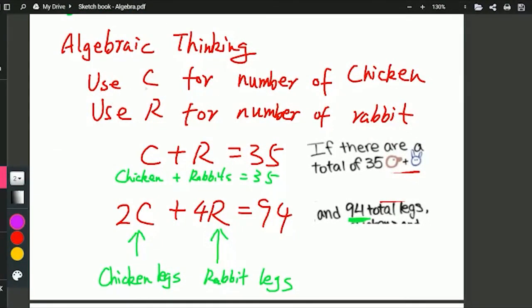We use C for the number of chicken. We use R for the number of rabbit. And based on the information we know, we set up 2 equations. Those are only based on the information we know. And that's the foundation of algebra.